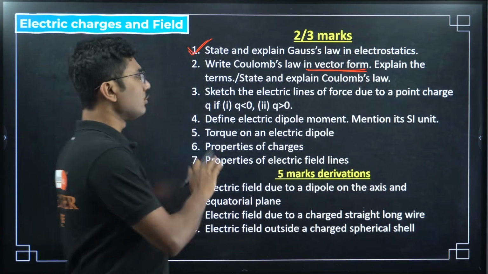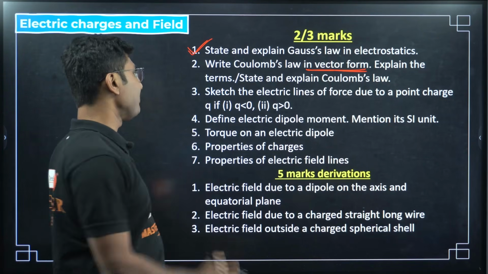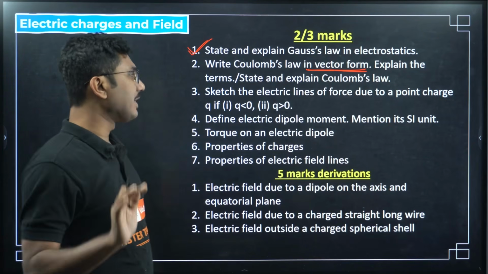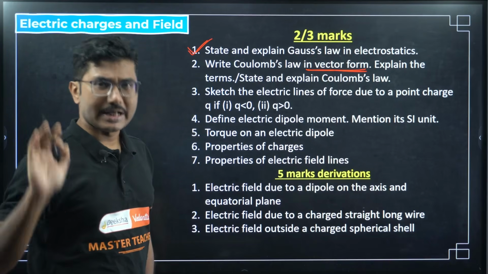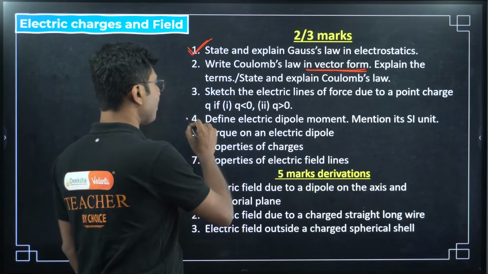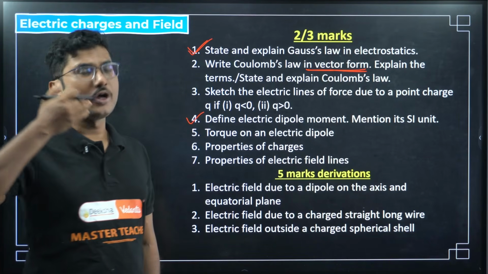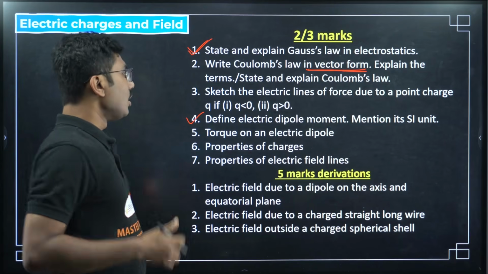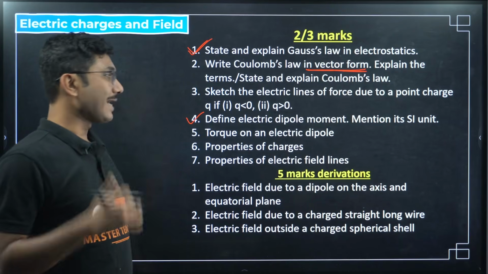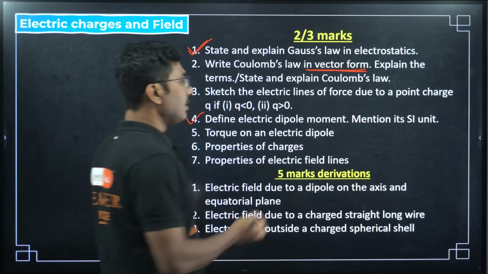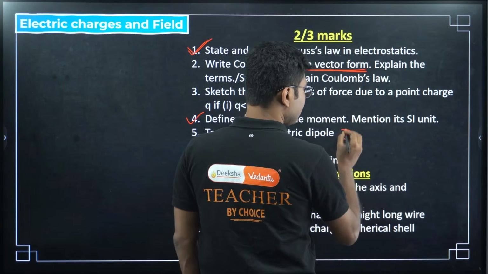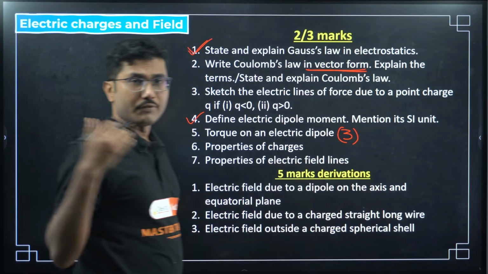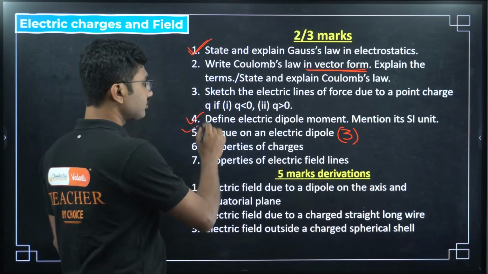So this is also somewhat important question. Define electric dipole moment, mention its SI unit. This is also a super important question, especially for your FA-1 exam. Now the expression for torque on an electric dipole, this is a 3-marker derivation. So this is also important for your FA-1 question.